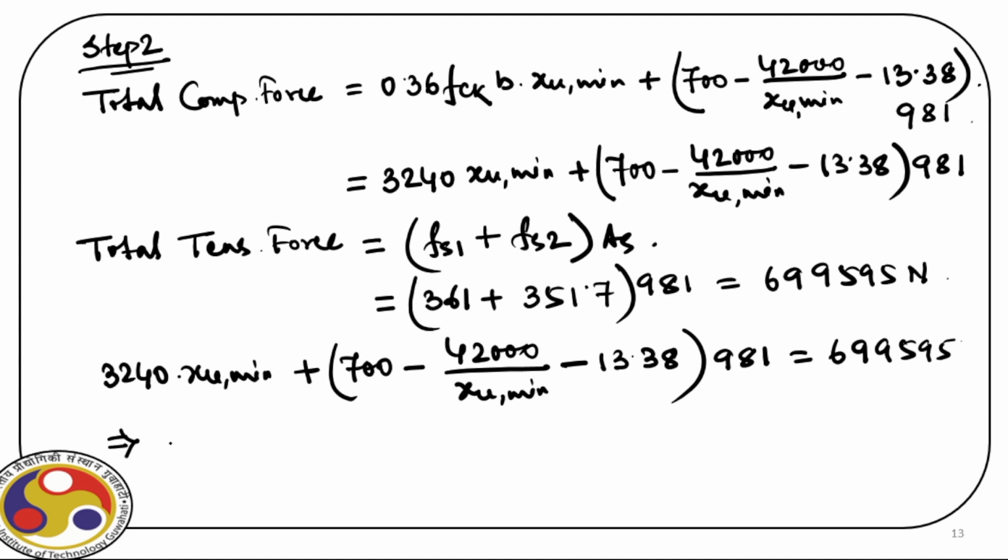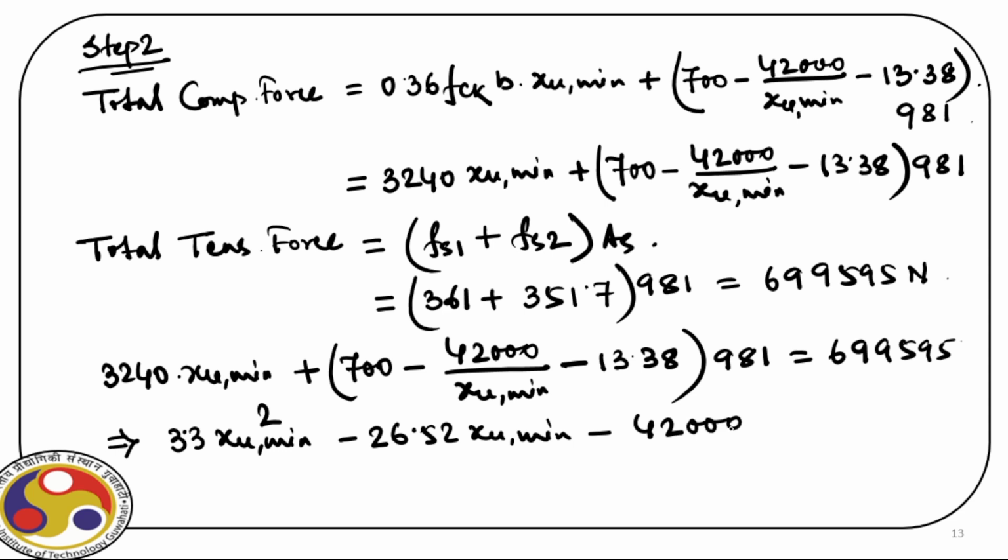Now you can see this is a quadratic equation of XU min. If you simplify this, you will get the quadratic equation as 3.3 XU minimum square minus 26.52 XU minimum minus 42,000 is equal to 0.